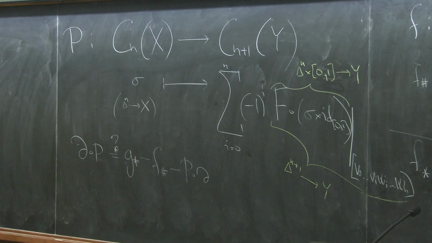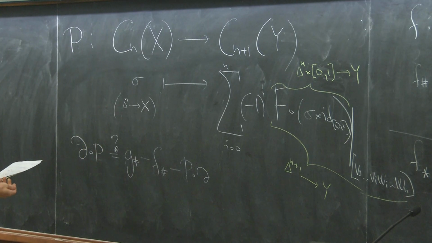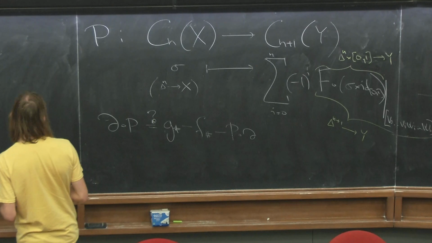To show this, let's start with the left-hand side. We apply it to an arbitrary generator, for example sigma.